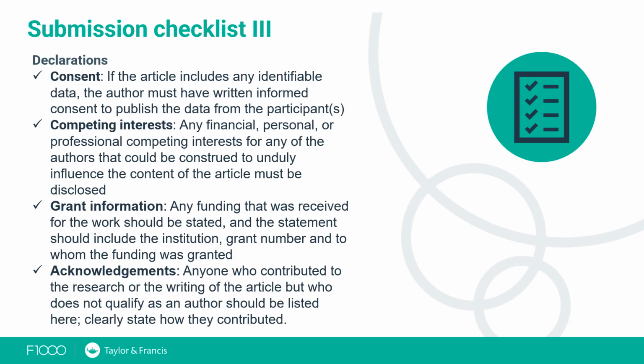The declarations you'll be asked to provide as part of your submission. First of all, you'll be asked to say whether you have consent to include any personally identifiable data in your article, if that's relevant, and we'd need to see some evidence of that consent. You'll need to declare any competing interests, financial, personal, or professional, for any of the co-authors, including yourself, as part of your submission.